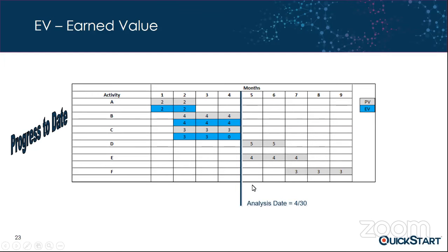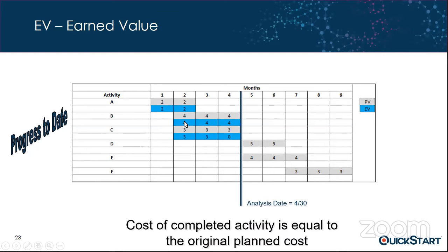Our analysis date is 4/30. The first task got 100% complete. And so let's drop down now and talk about the second task. The second task too, we were able to get it 100% complete. It's all the way done, completed on time. And so because of that, we simply transfer down the cost of the completed activity from the planned cost.